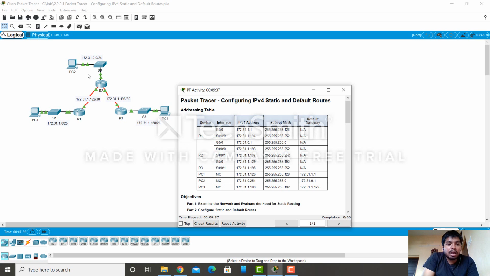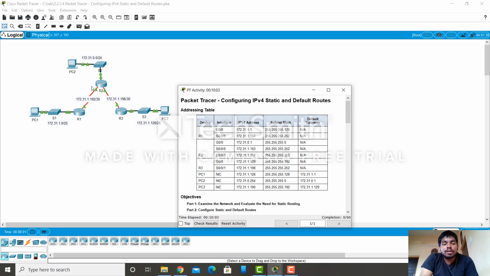This is R2. Interface G0/0, IP address 172.31.0.1, subnet mask 255.255.255.0, default gateway N/A.